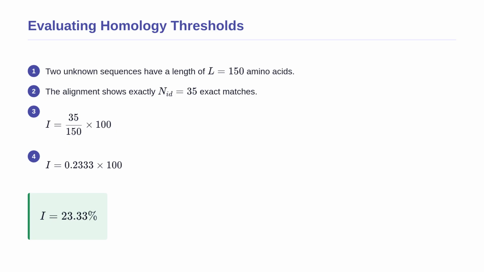Dividing 35 by 150 yields approximately 0.2333. Multiplying by 100 gives a final percent identity of 23.33%. Physically, because this value lands squarely in the twilight zone, the relationship is too distant to be certain. The researcher must look at 3-dimensional structures to prove shared ancestry.